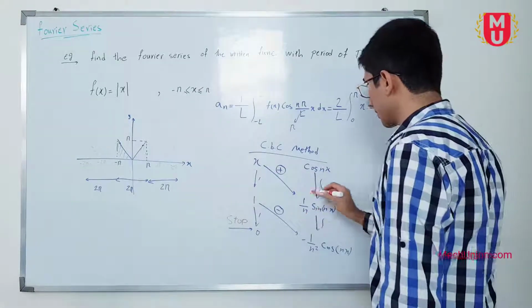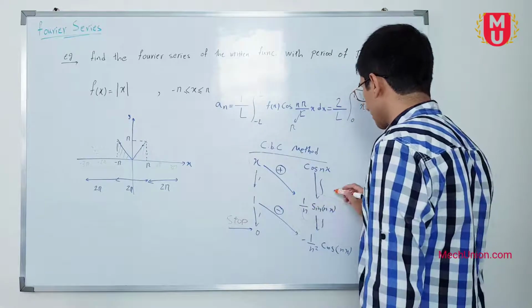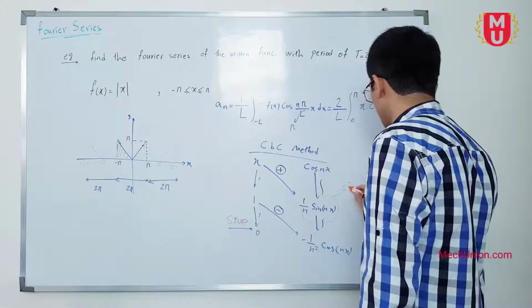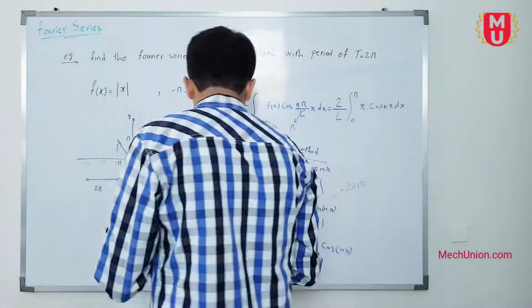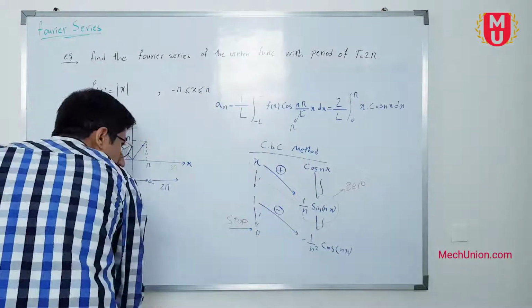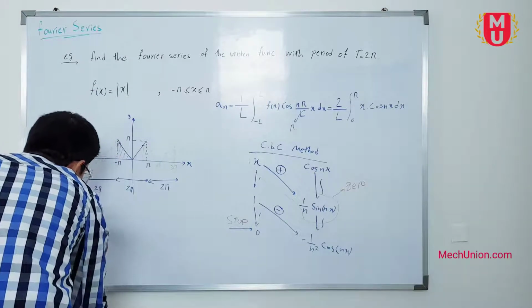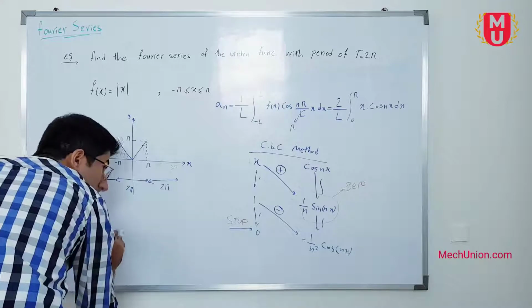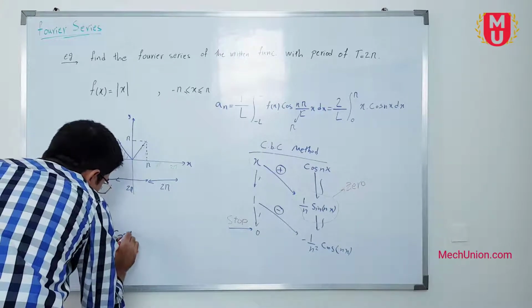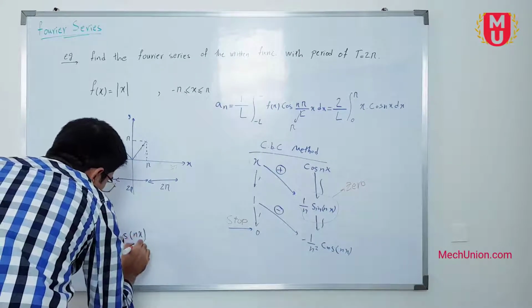As I said, this phrase is 0, and we just write down this one. If we multiply by 0, will become 1 over n squared cosine of nx.